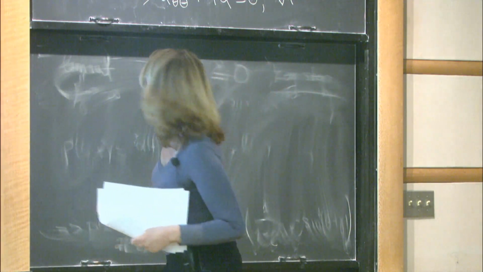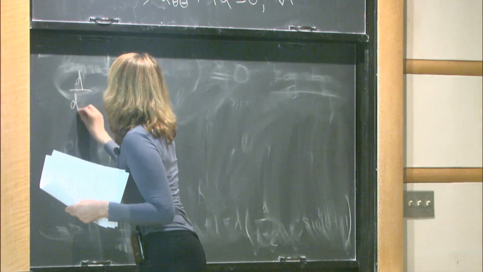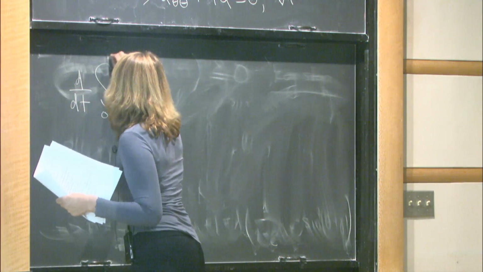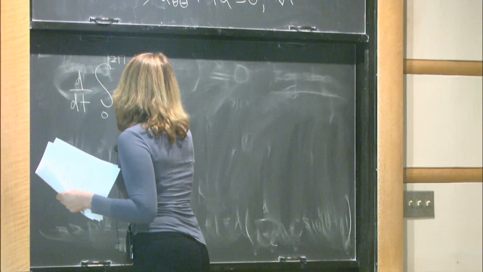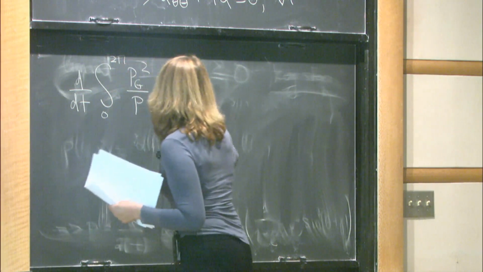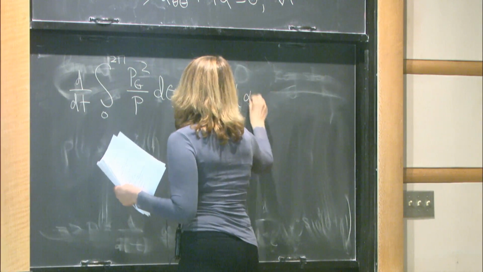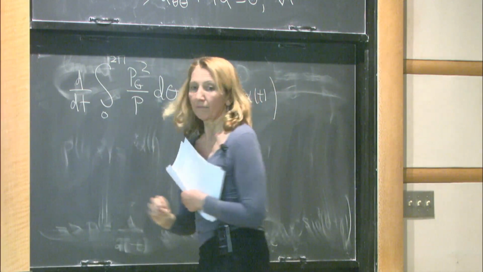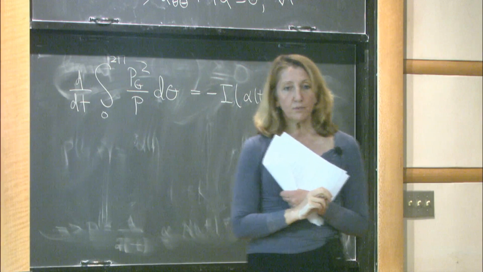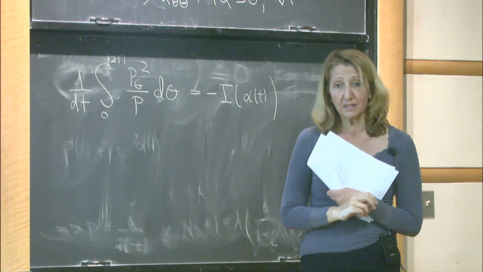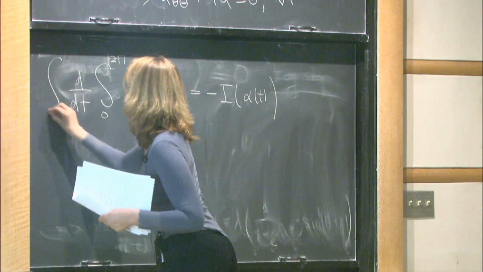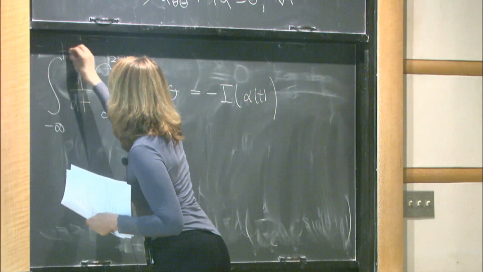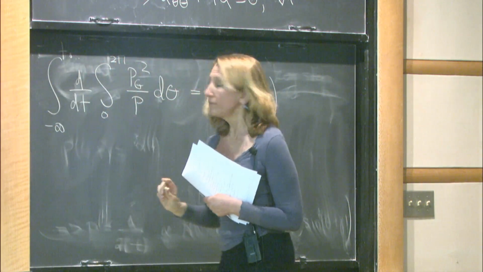So you look at d/dt of the integral from 0 to 2 pi of p theta squared over p d theta. This is minus I of alpha of t. Now I'm going to integrate with respect to t from minus infinity to a fixed point t naught.